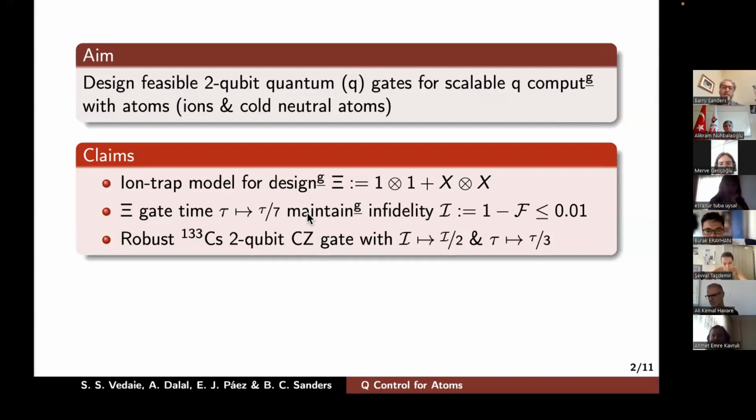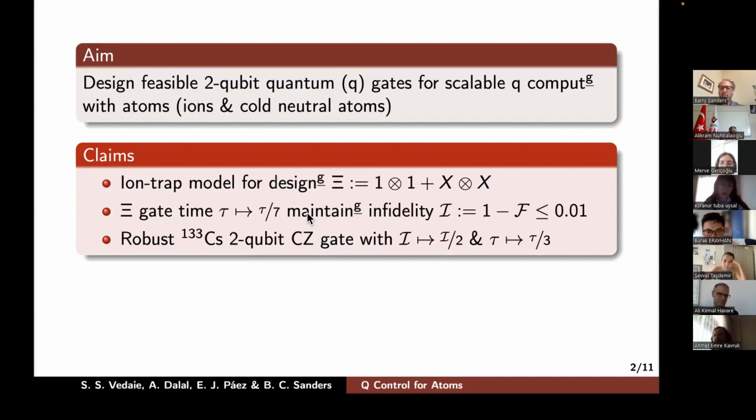So we get a 7-fold improvement in the gate time, and we maintain the infidelity. And I'll define the fidelity later, but it's just the overlap of the resultant state with the pure Bell state, 0, 0 plus 1, 1. And so we fix the infidelity.